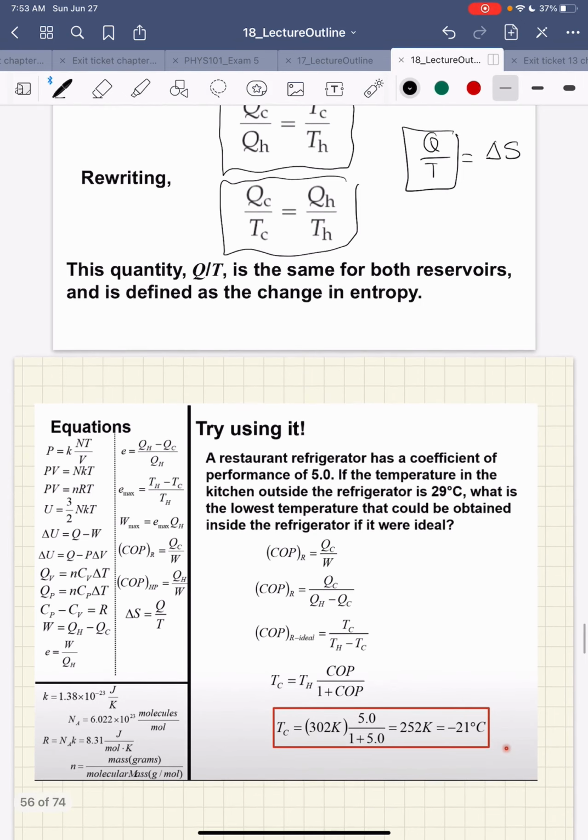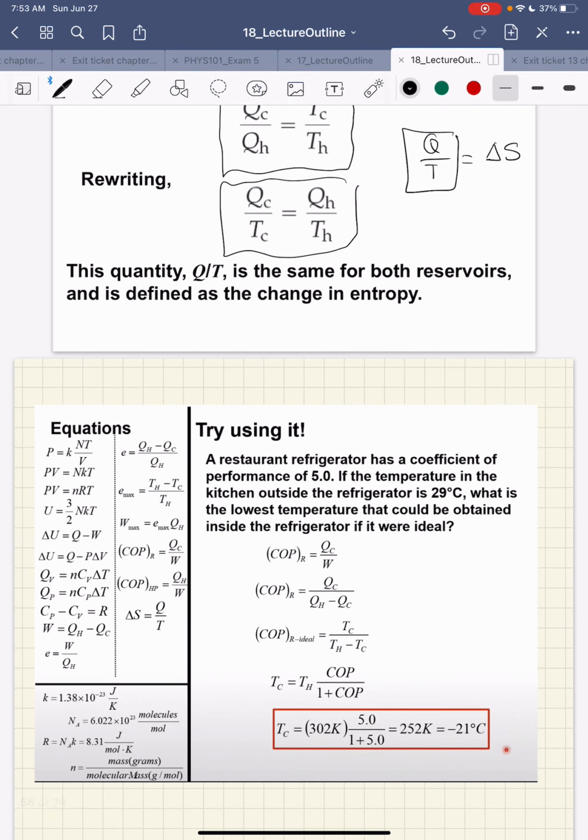Okay. Now, a restaurant refrigerator has a coefficient of performance of 5. If the temperature in the kitchen outside the refrigerator is 29 degrees Celsius, what is the lowest temperature that could be obtained inside the refrigerator if it were ideal? Then here I have the coefficient of performance for a refrigerator. It's Q cold divided by W. W can be calculated as Q hot minus Q cold.